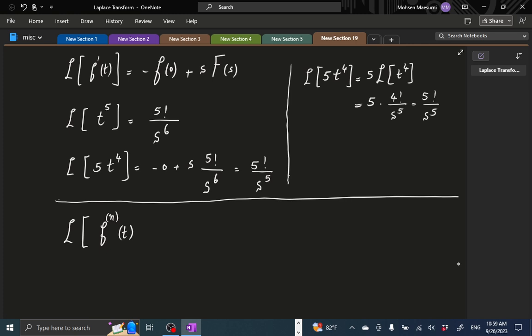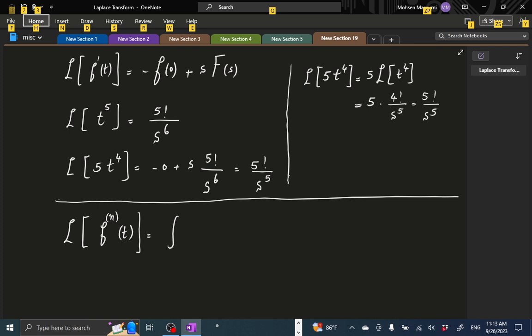And essentially what we are going to do is just what we did right now, and repeatedly apply the integration by parts and come to our final answer. So remember here, f^(n) means the nth derivative of f.